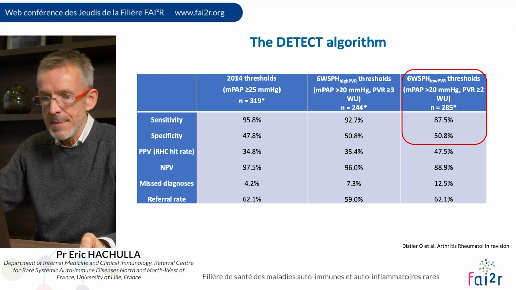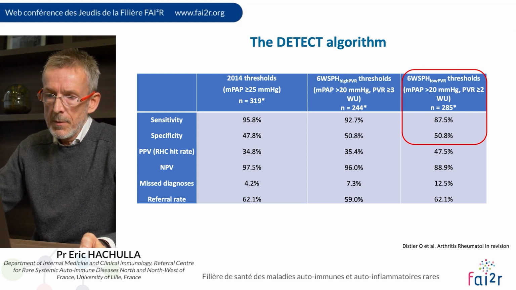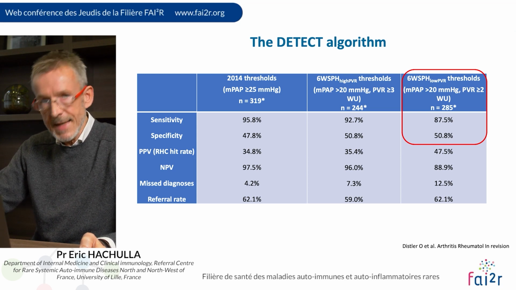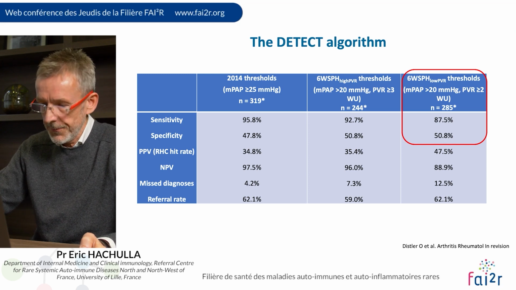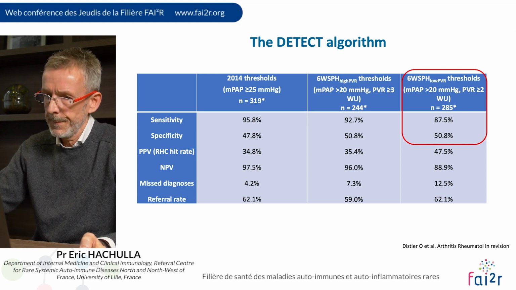So quite the same as the detection with the old definition. So the DETECT algorithm can identify patients with 21 to 24 millimeter mercury.